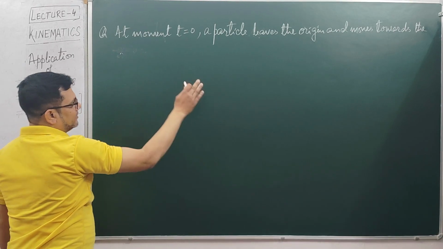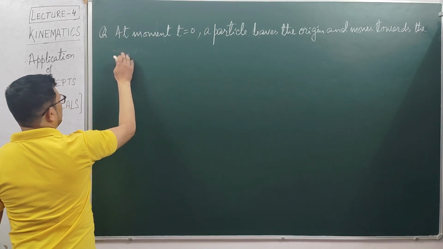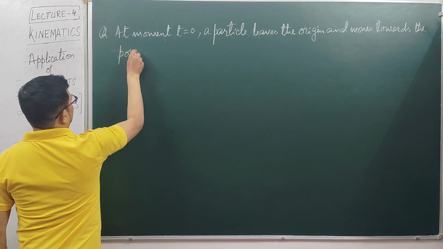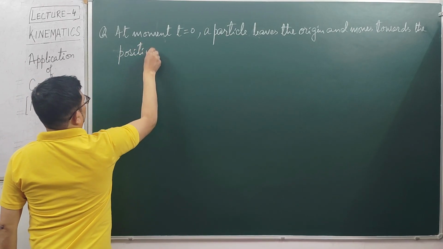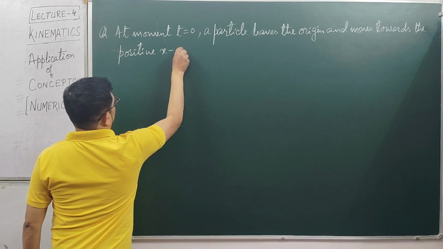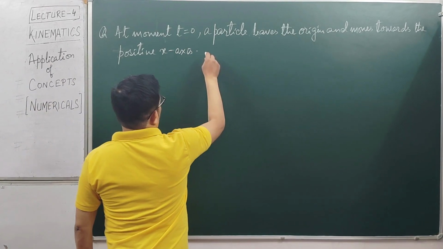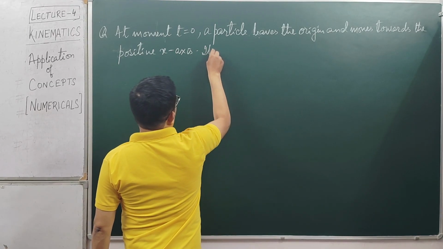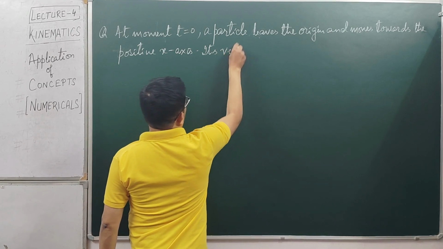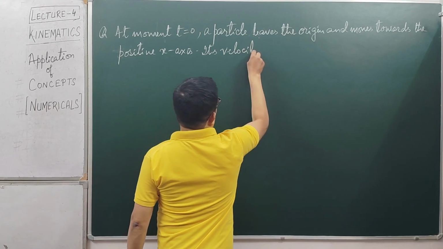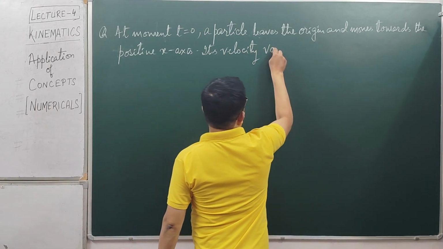So let's be very specific. It moves towards the positive x-axis, suppose. Now it says that its velocity varies with time.